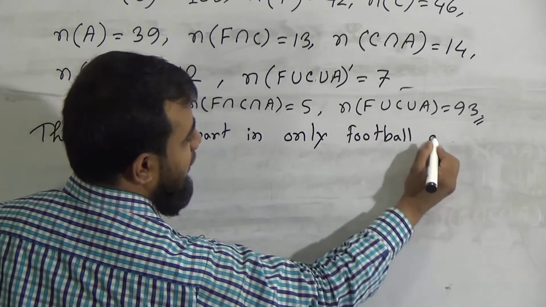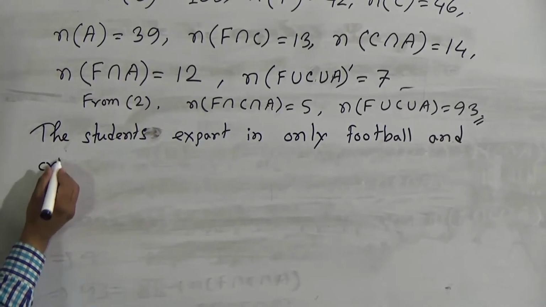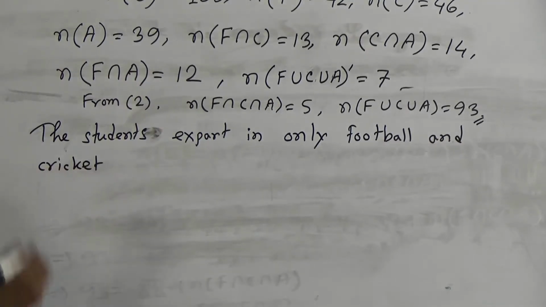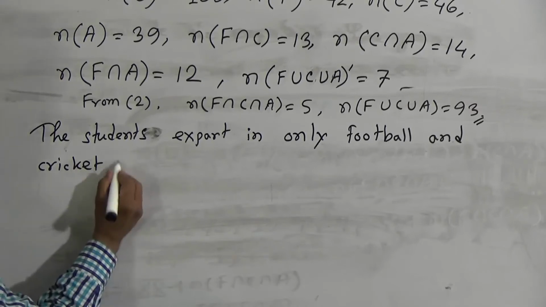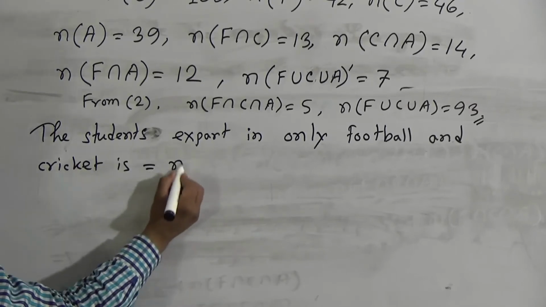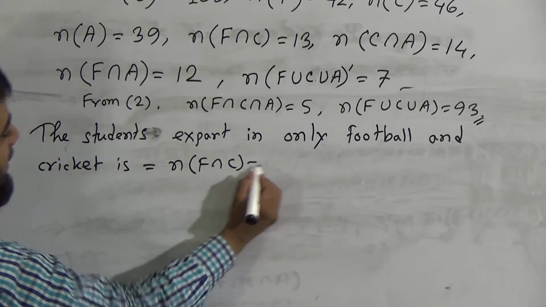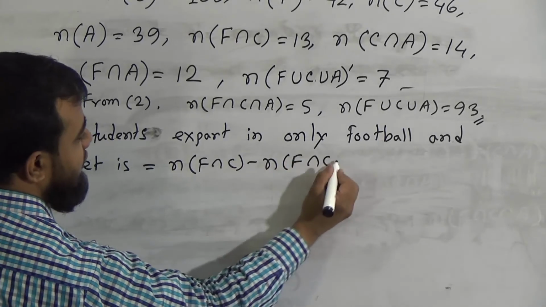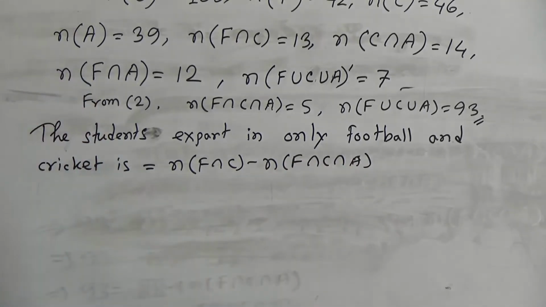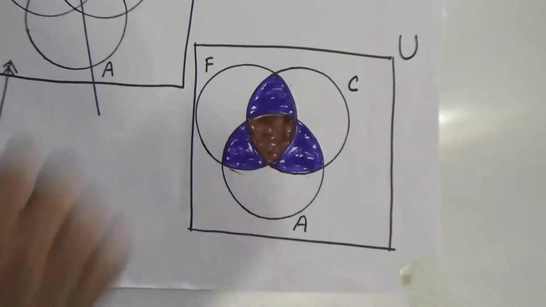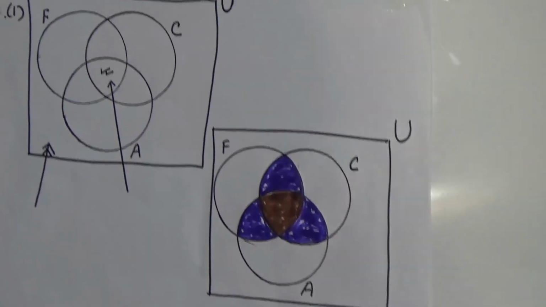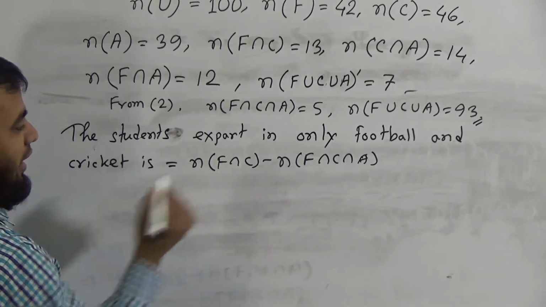The students expert in only football and cricket is equal to number of elements of F intersection C minus number of elements of F intersection C intersection A, because we need to calculate only football and cricket. Only football and cricket is this portion only, okay. That is why from this total portion we need to subtract this part, the middle part, and this 3 portions part. So we can get the expert number of students of football and cricket only.